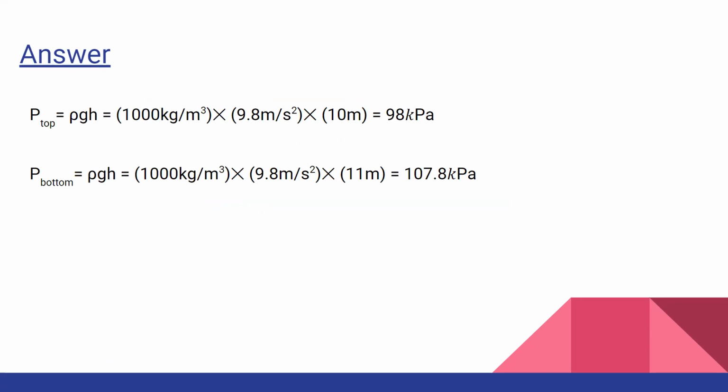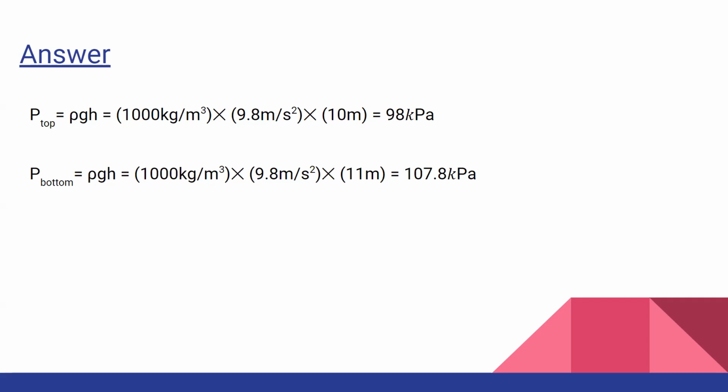But since the box itself has length, the pressure on the bottom is a bit greater because it's a bit deeper. So pressure along the sides would be a little bit greater than the one on the top. The top has the least amount of pressure, while the one on the bottom has the greatest because it's the deepest.